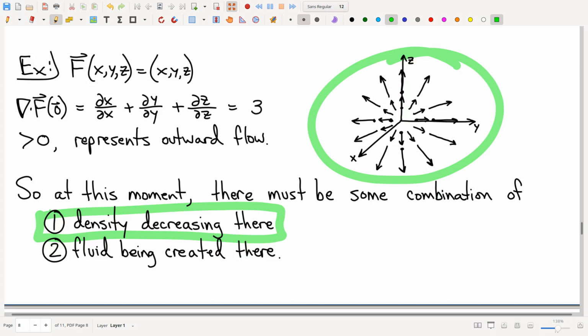So these are two totally different physical scenarios that could both be represented by the same picture. Depending on the circumstance, one or the other of these interpretations might be more appropriate to what you're actually looking at in a physical application problem.